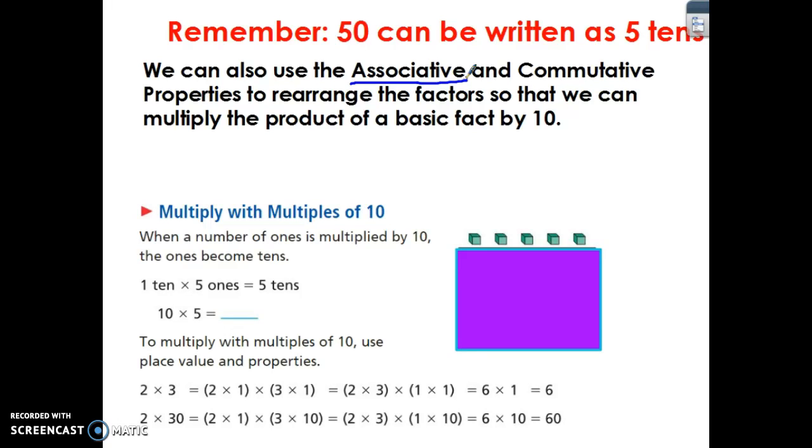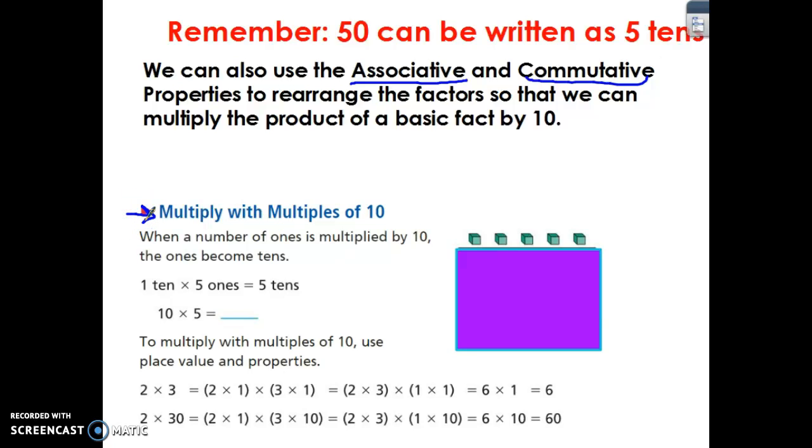The commutative property is when we can move numbers around and get the same product, or the same sum.